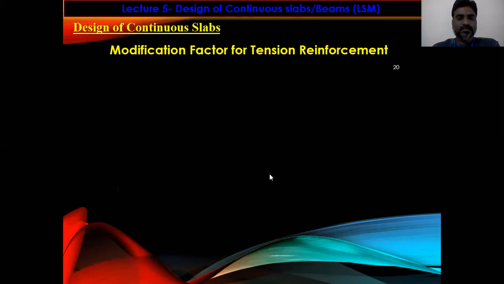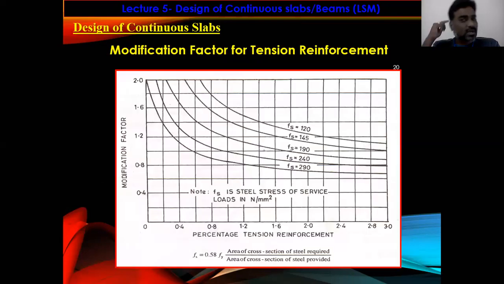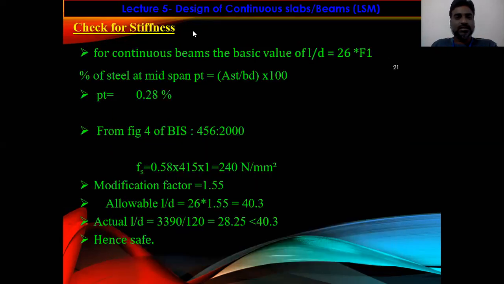So for the check for thickness, as per IS 456-2000, for continuous beams and slabs, the allowable L effective by D ratio is equal to 26 into F1, where F1 is the modification factor.